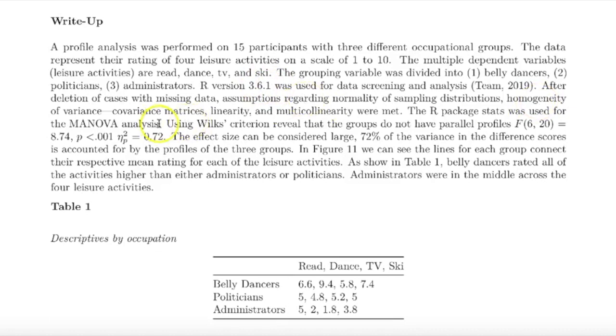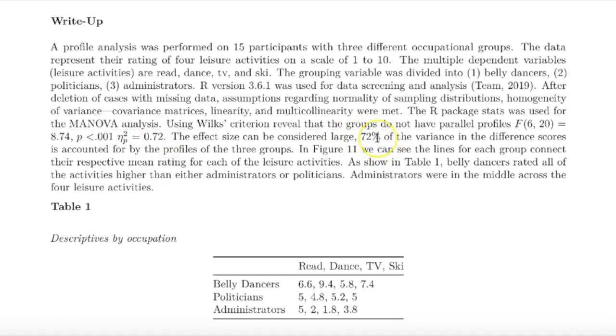Then I go on into reporting the MANOVA, and using the Wilks criterion, I just report the F for the MANOVA, the p-value, and the effect size. Cool. And then I remind readers that the effect size tells you how much variance is being explained.